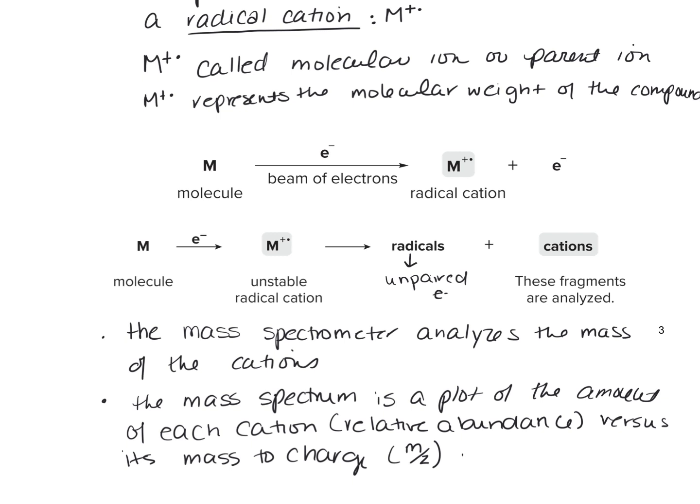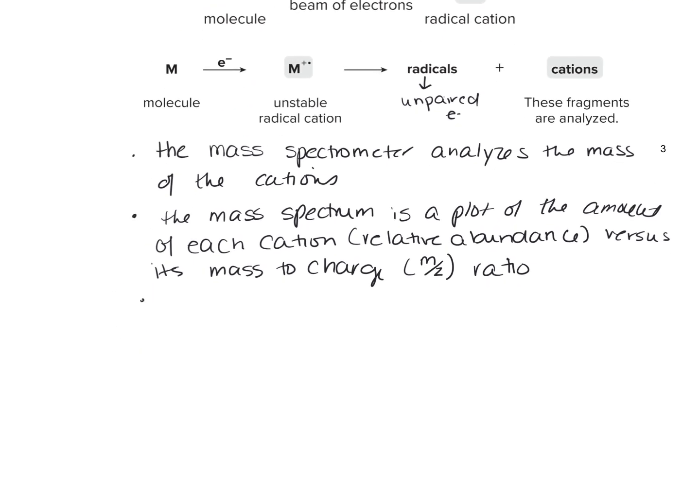Mass to charge ratio. Since z is almost always +1, the mass to charge ratio generally measures the mass of the individual ions.